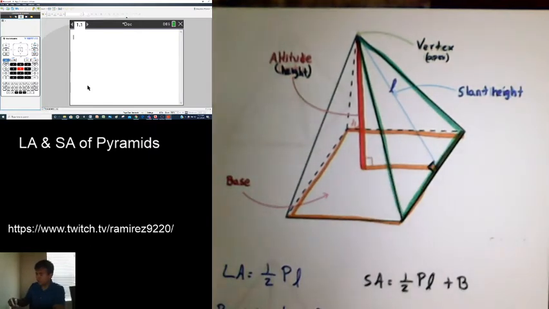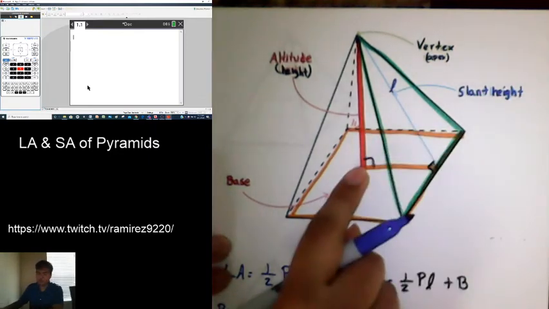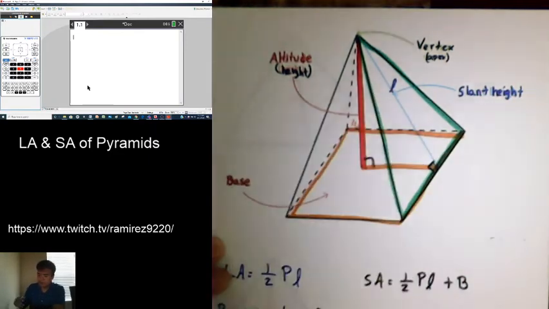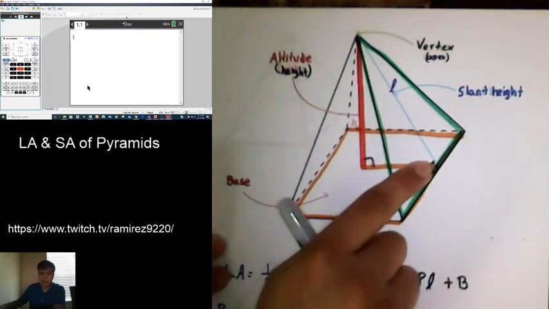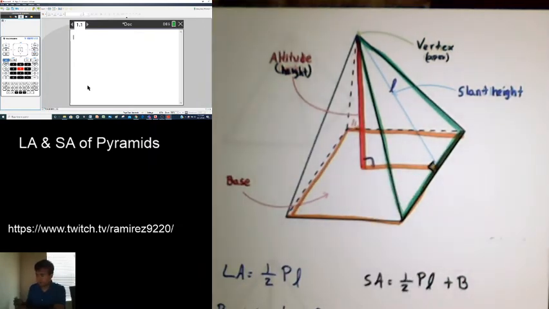So you'll be seeing some problems where potentially they're not going to give you information like your slant height, but because you know that there's a 90-degree angle here, you will be able to calculate slant height using the Pythagorean theorem. Okay, so that's key to keep in mind.